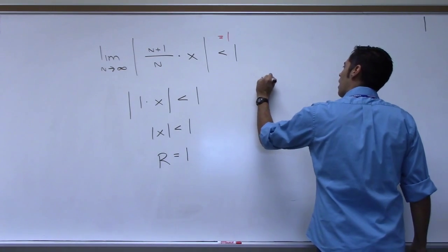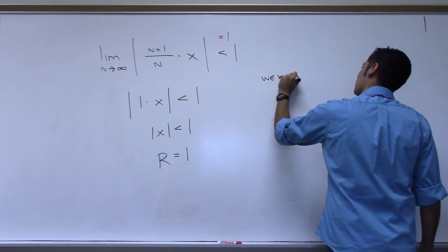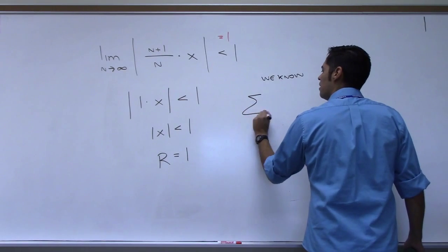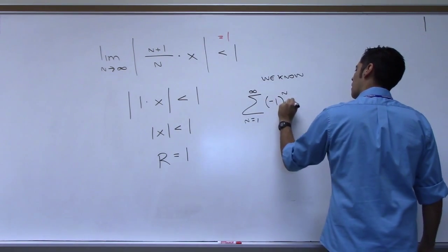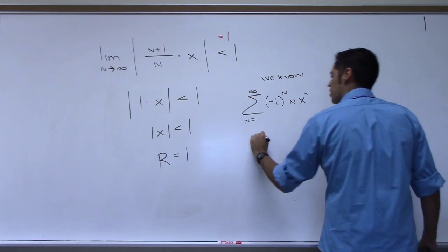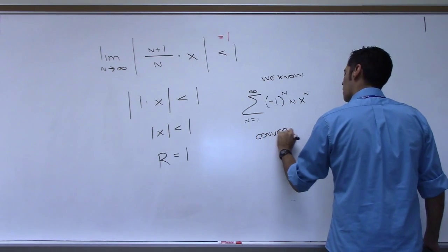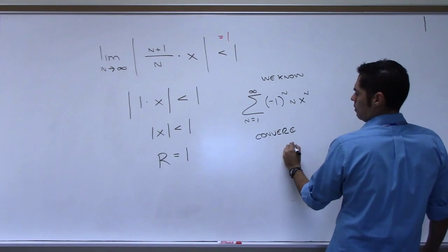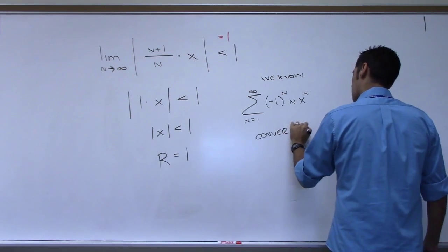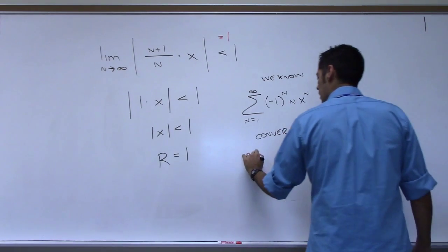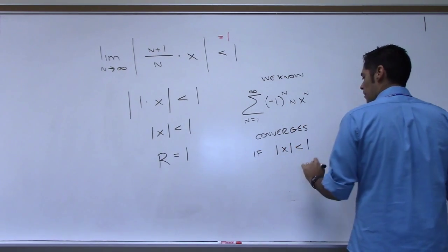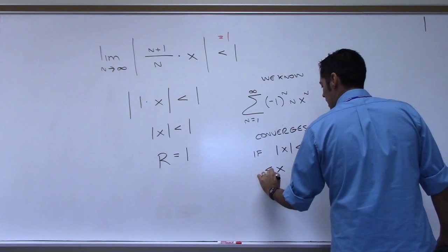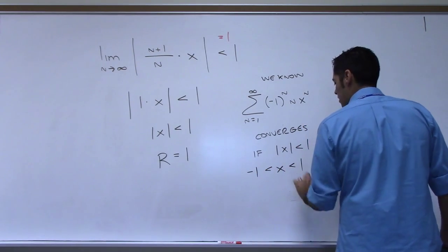So we know right now that the series converges if the absolute value of x is less than 1, which means that x is between -1 and +1.